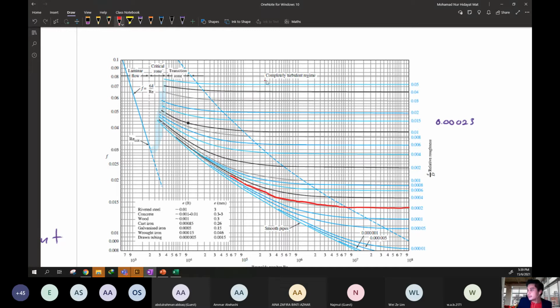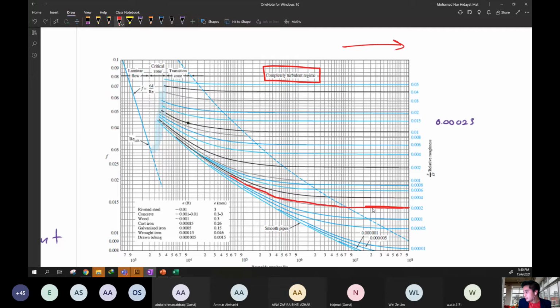Okay, so when it is completely turbulent flow, you must use this region, the straight, I call it a horizontal straight line. This horizontal straight line, supposedly here, this region is completely turbulent, so you must use this one.